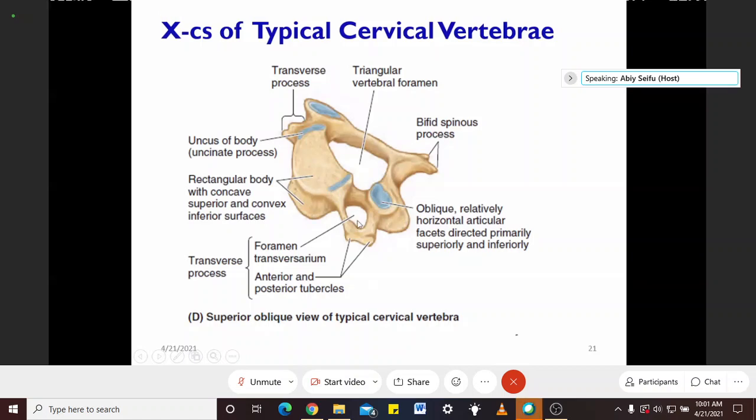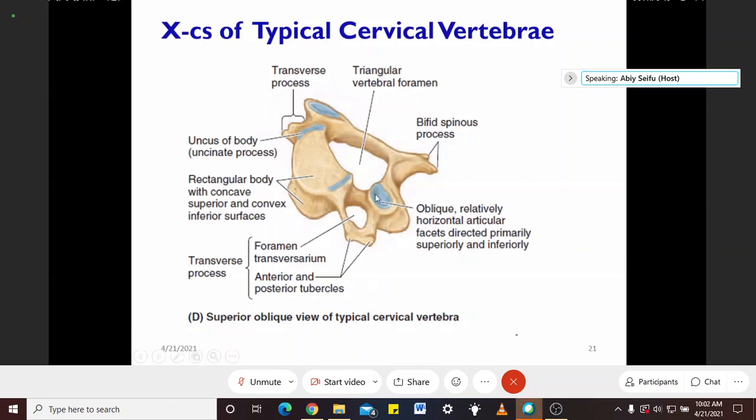This one is the transverse process, which has a transverse foramen, used for the passage of vertebral vessels, together the artery and the vein, except the seventh one. And on the tips of the transverse process there are also the anterior and the posterior tubercles, used for the attachments of muscles and ligaments.